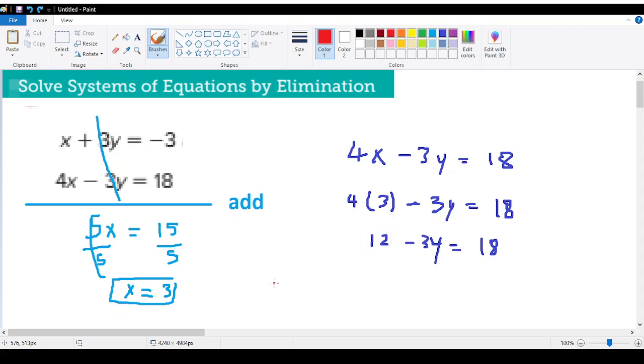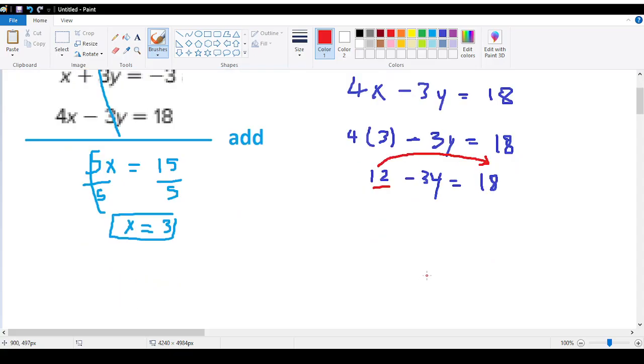They are not like terms. We should move the 12 to the other side. So what will it become? Divide 12? No, Shamsa. Plus 12? Now it was plus. When you move it to the other side, it will be minus 12.